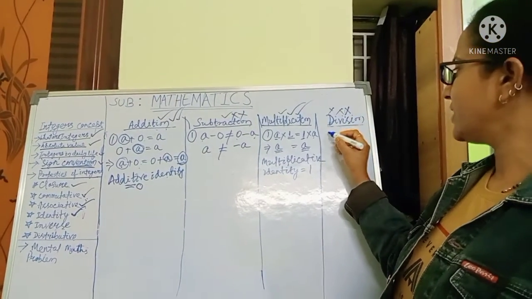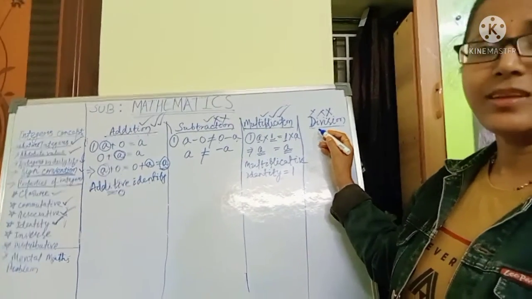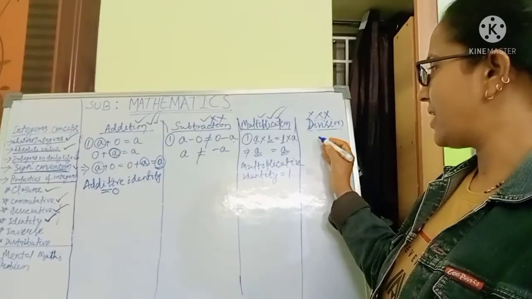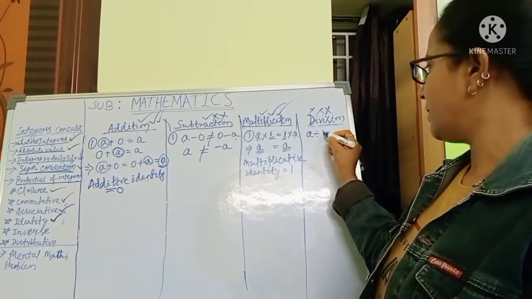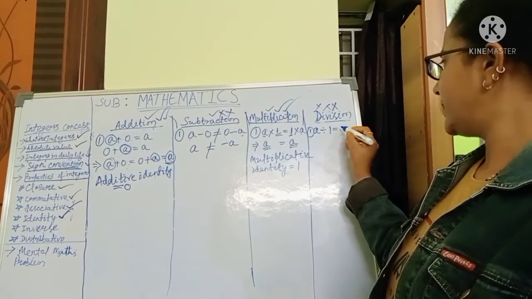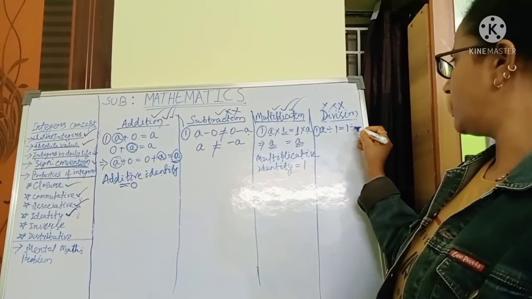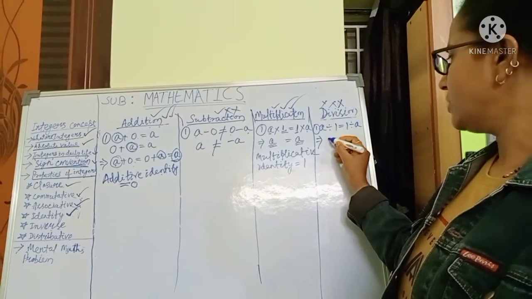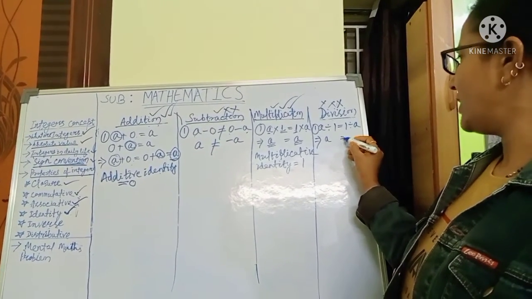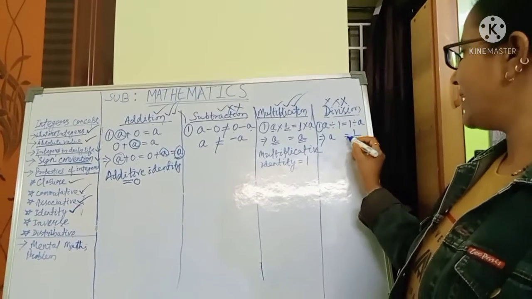For division, we will check whether division has an identity or not. If we divide a divided by 1, is it equal to 1 divided by a? A divided by 1 is always a, but 1 divided by a is 1 by a.